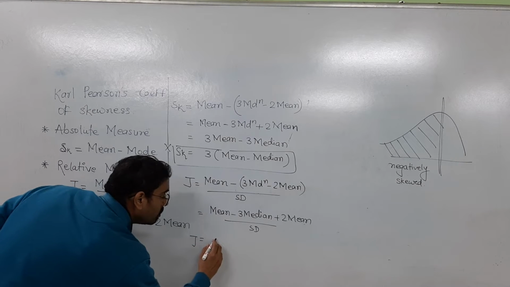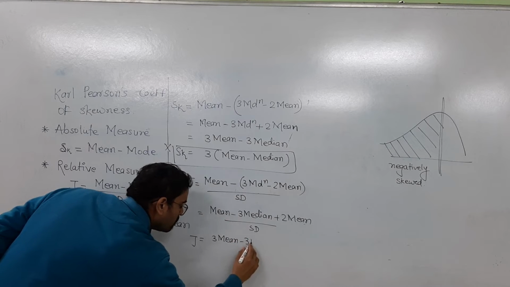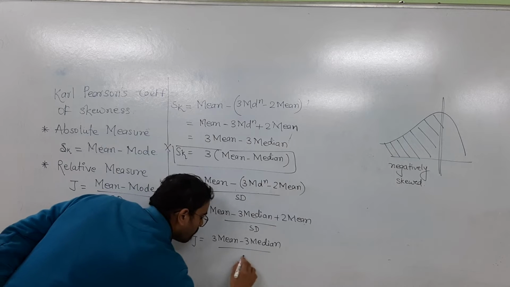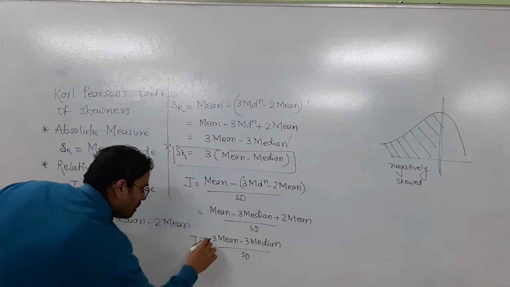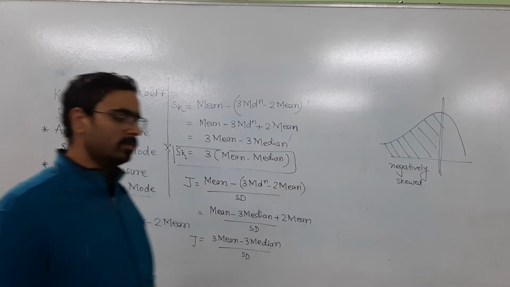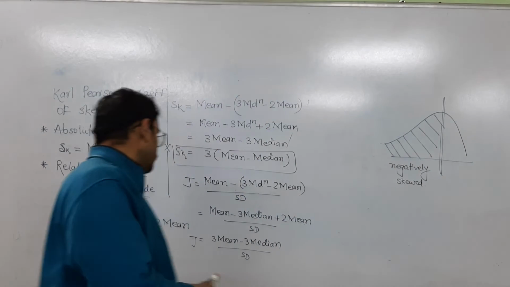Sk is equal to 3 mean minus 3 median divided by standard deviation. Here also you can take 3 as common.